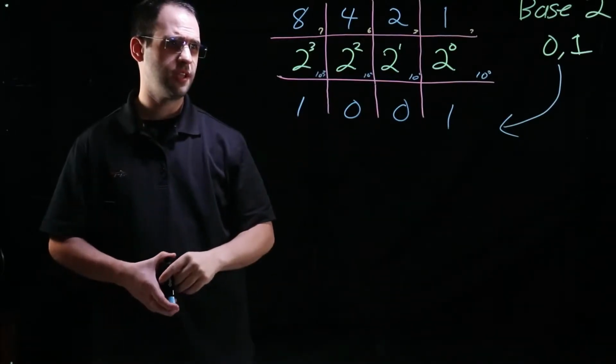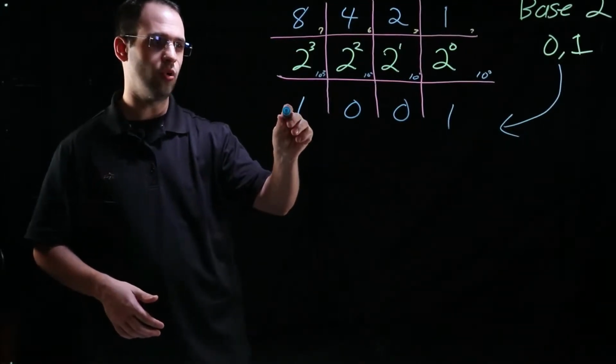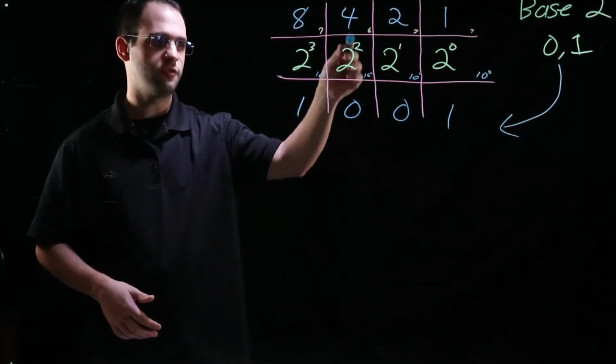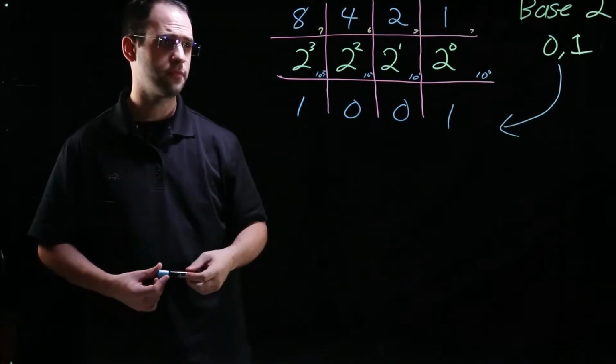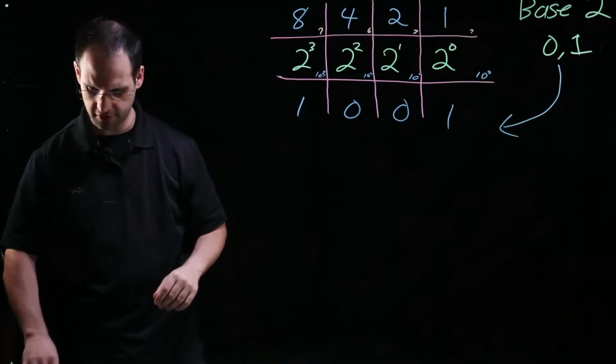Well, this time we're going to take this positional value and multiply it by 1, or multiply it by 0. It's the binary system, so a little bit of a twist. Let's see what happens.